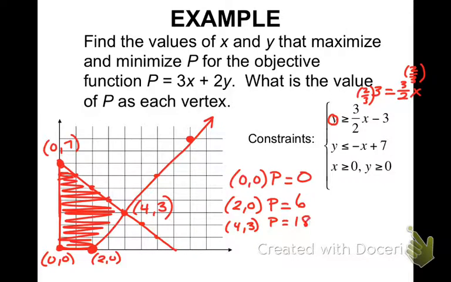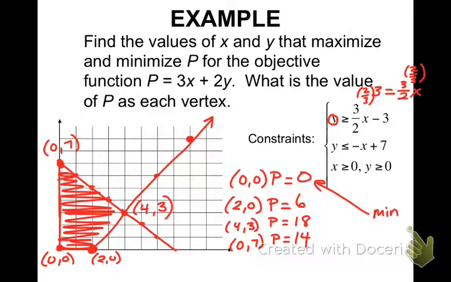Is everybody okay with me doing this in my head? 4 times 3 is 12. 3 times 2 is 6, 18. 0, 7 gets me an objective function value of 14. Okay? So, 0, 0 gives me my minimum value.